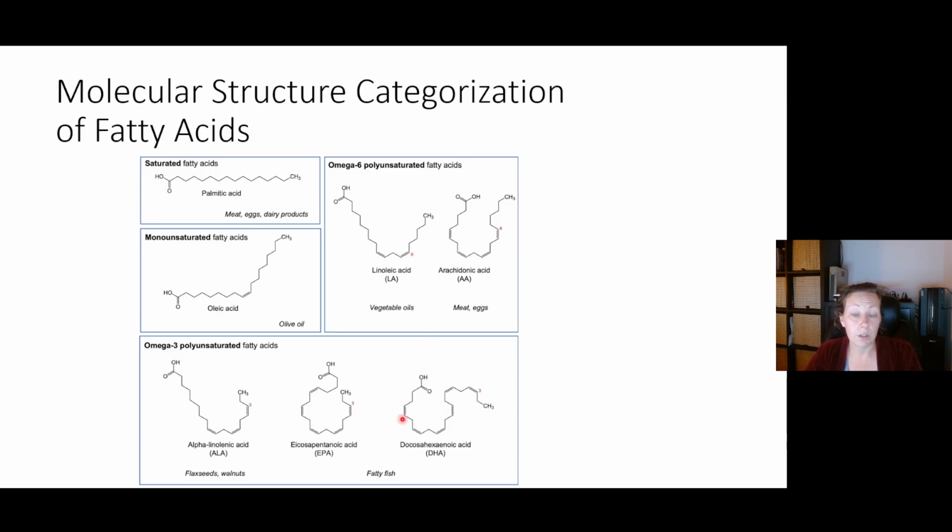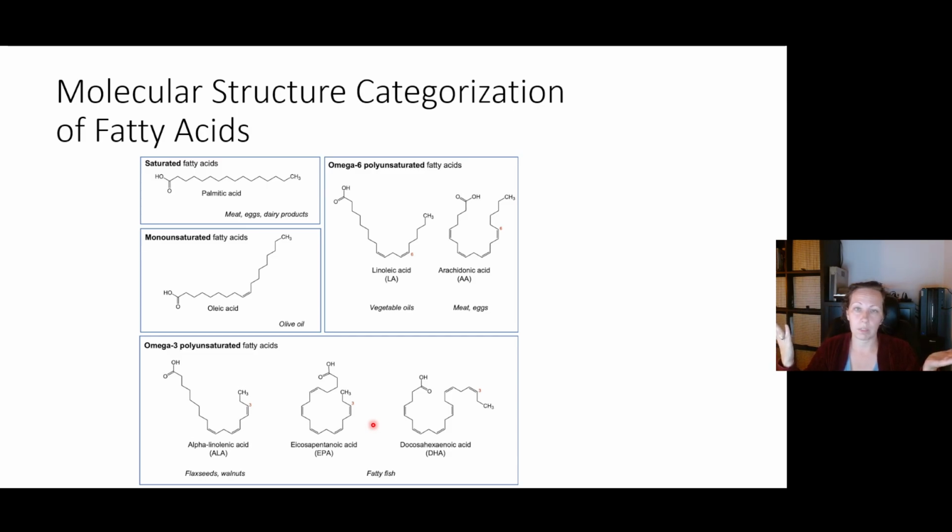Now, what you should really notice here is how these shapes are affected by the double bond. Every time you have that double bond, there's another kink. And these shapes are really going to affect the physical properties of these fats. So lipids that have more double bonds have a shape that does not lend itself well to stacking in a nice, neat structure.